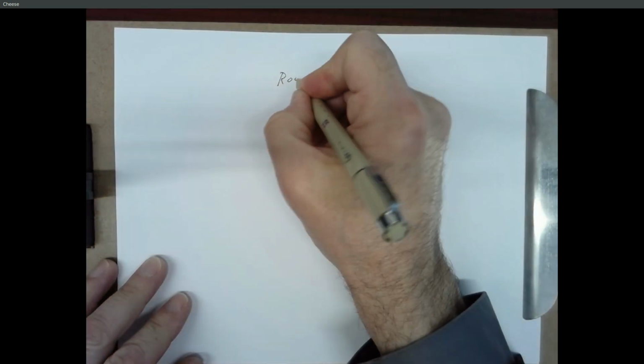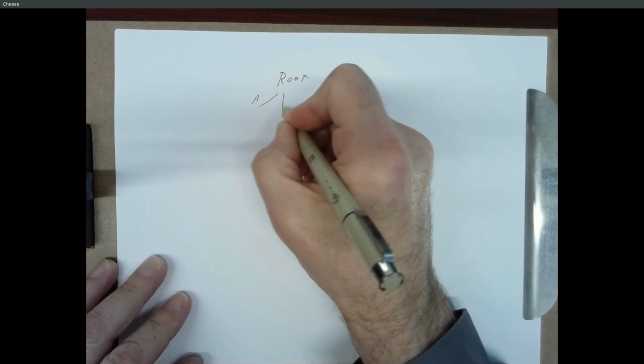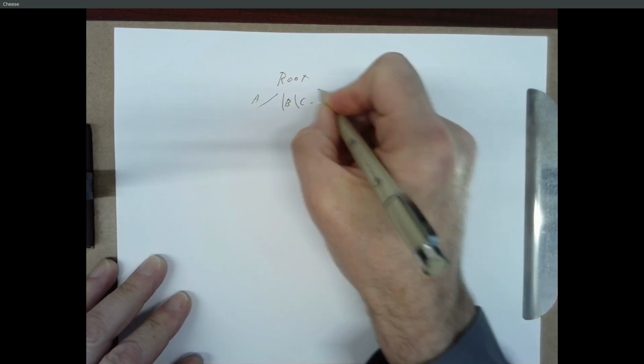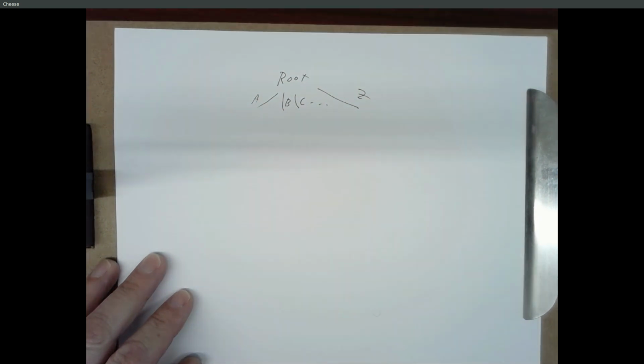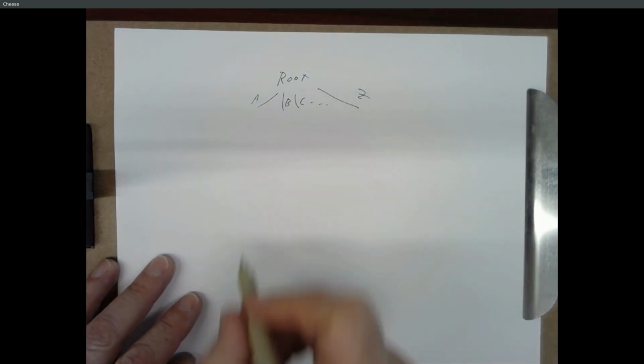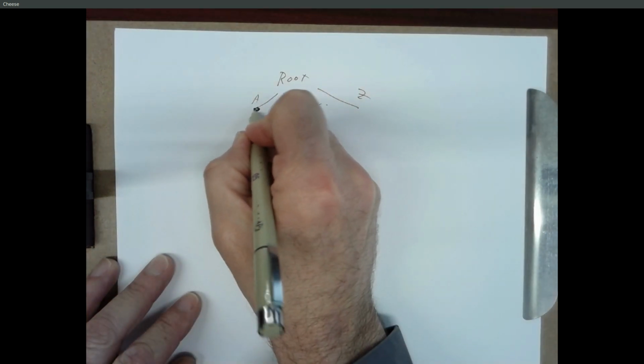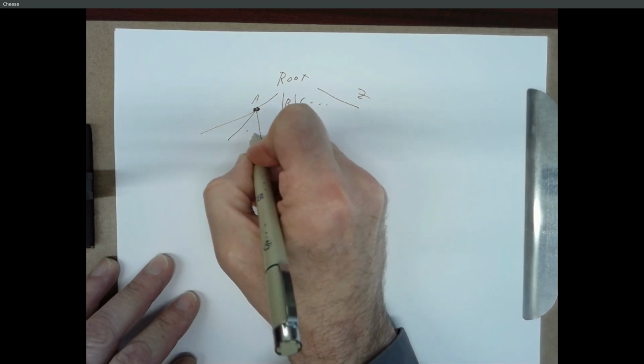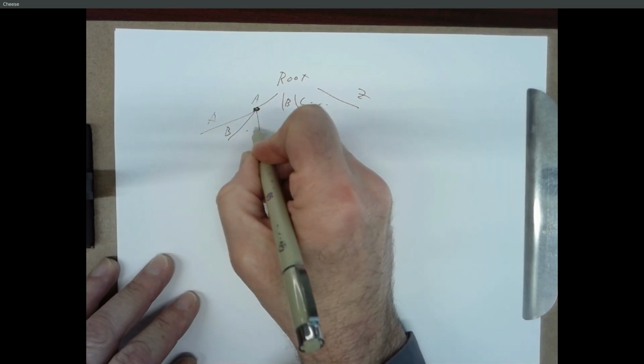So somebody started drawing a picture back there on the board that looked kind of like this. Your root basically has these 26 children, and each of these has 26 children.